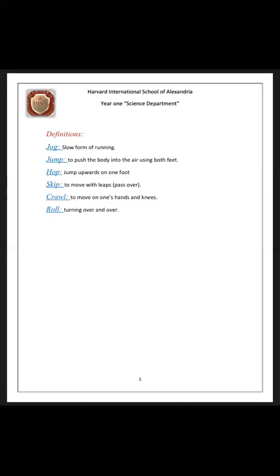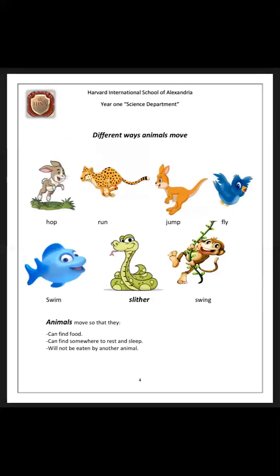Okay? So let's go to something new about movements. So we talked about things we know how to do, or how we move. Let's see different ways animals move. I want you to imagine, while looking at the picture, how do these animals move?